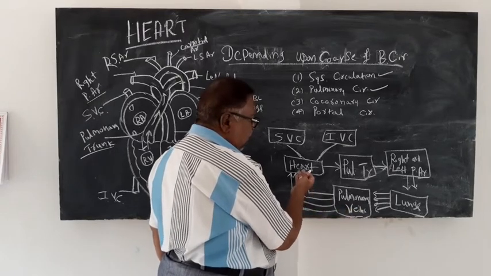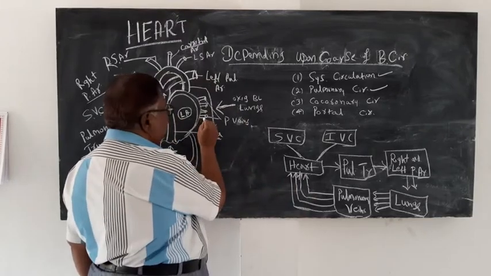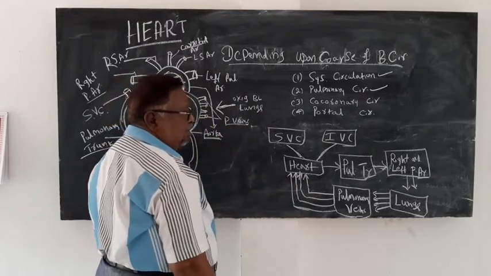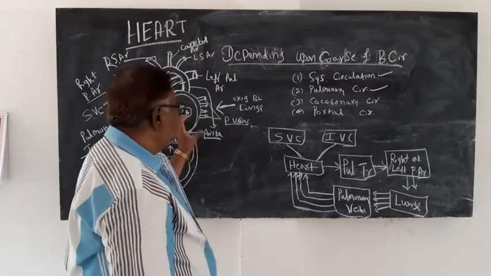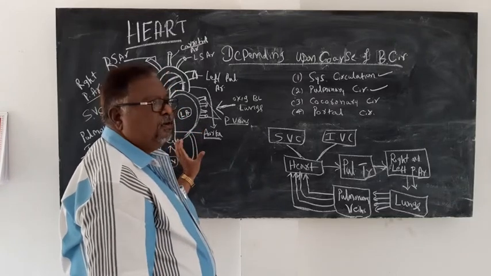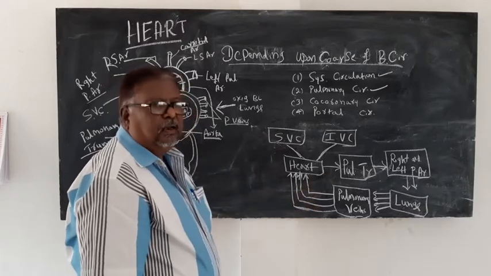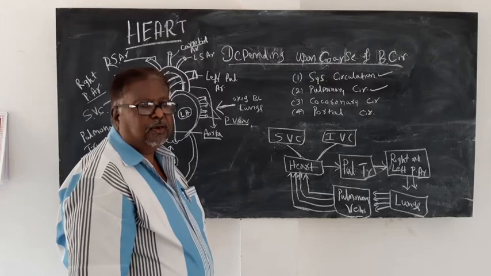Here in the heart, the left auricle receives the pulmonary veins, through which the oxygenated blood comes from the lungs to the heart. And again the systemic circulation starts. So this is all about the pulmonary circulation.